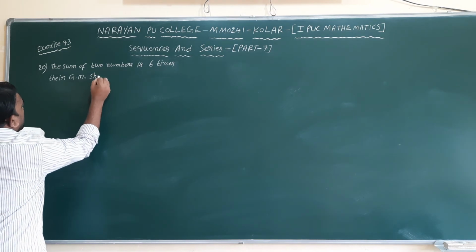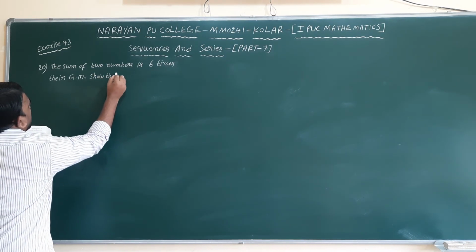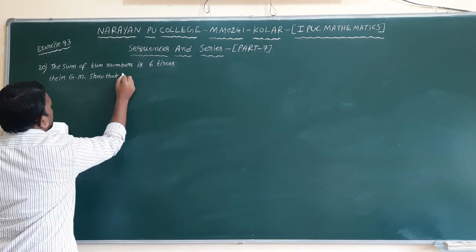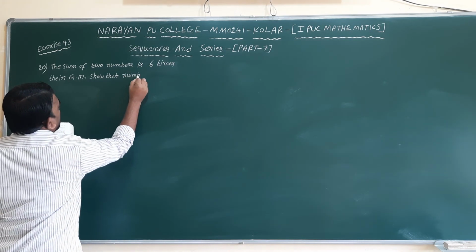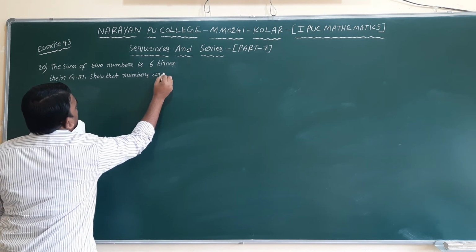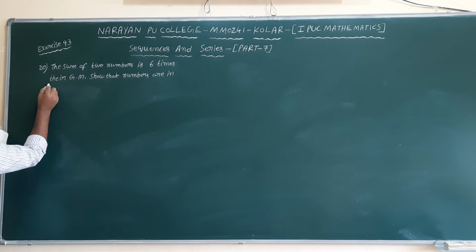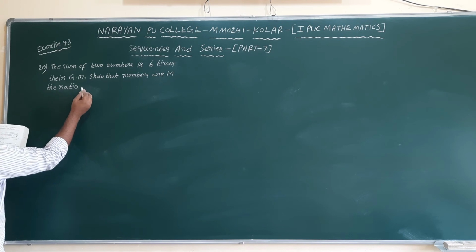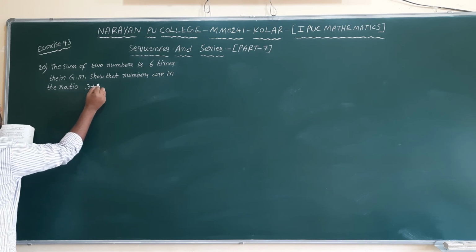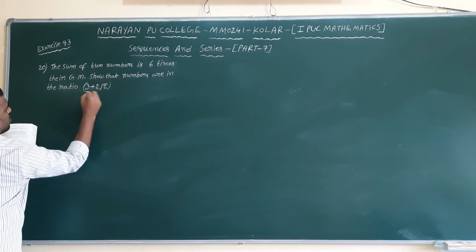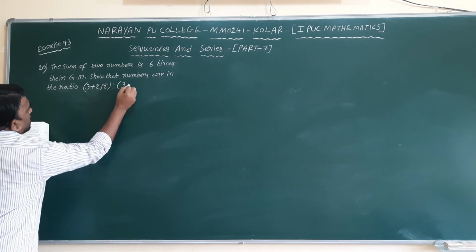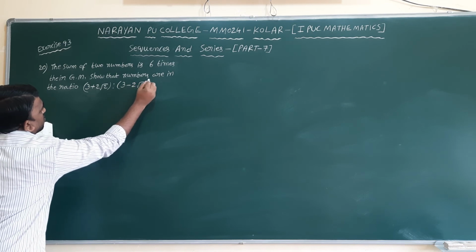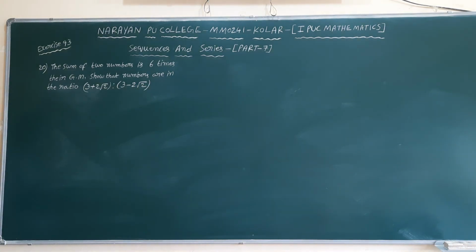Show that the numbers are in the ratio 3 plus 2 root 2 is to 3 minus 2 root 2. Numbers in the ratio is nothing but a is to b. If you take x comma y, x is to y, we need to show in this ratio.